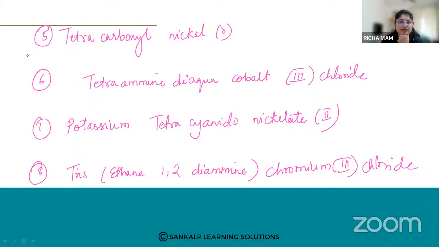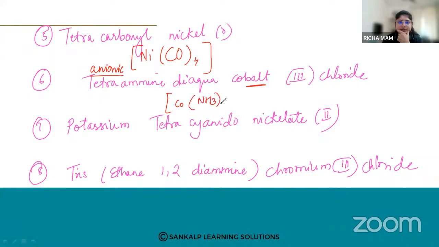Try this. Fifth one, tetracarbonylnickel. How will you write it? Tetracarbonyl and nickel, so this is a complex. Next one, cobalt. This is a cationic complex. So cobalt, then you have tetraammine, NH3 four times, diaqua, H2O twice. And what you have?